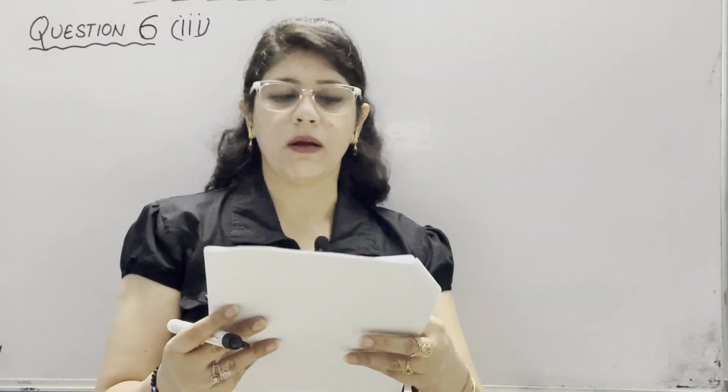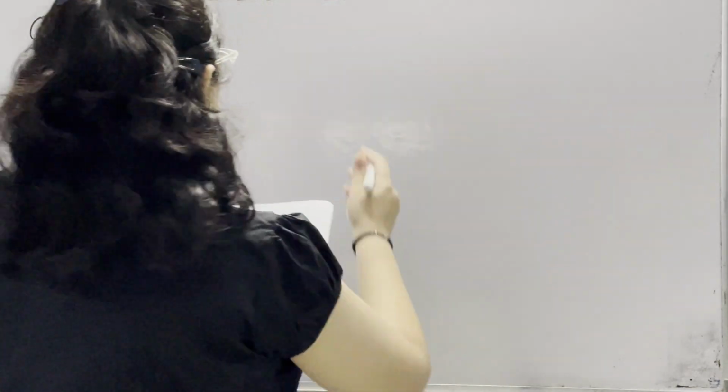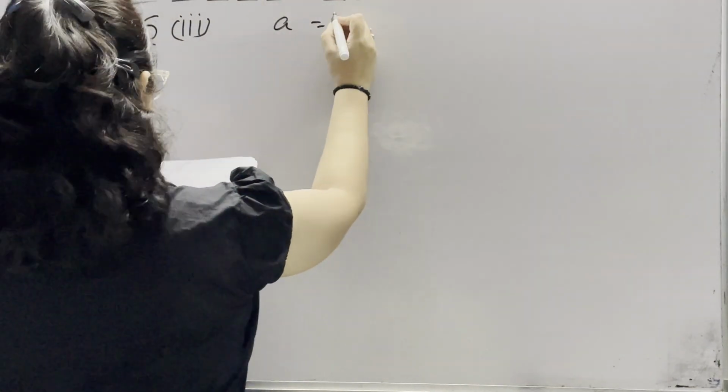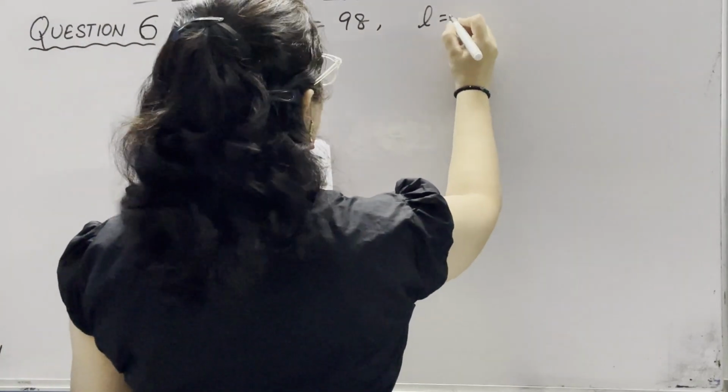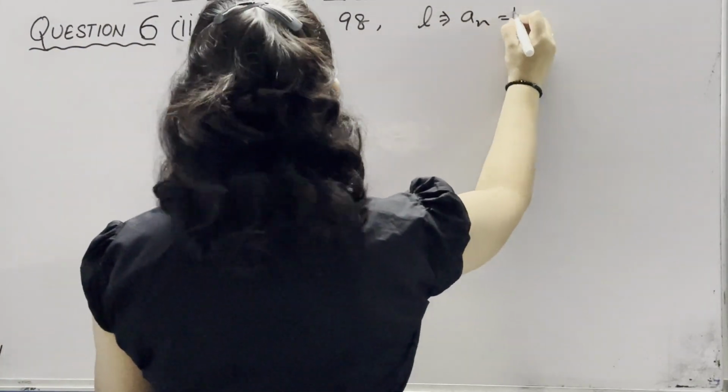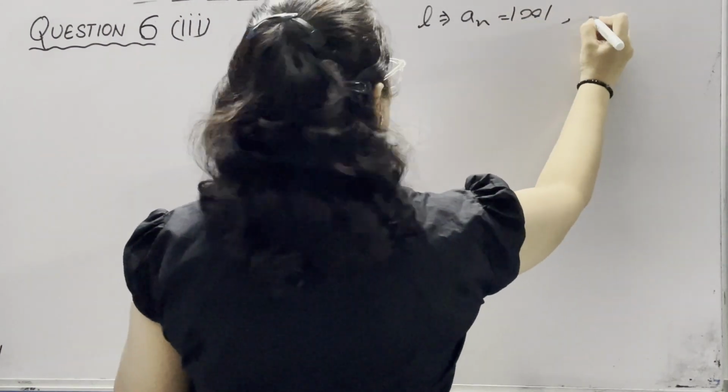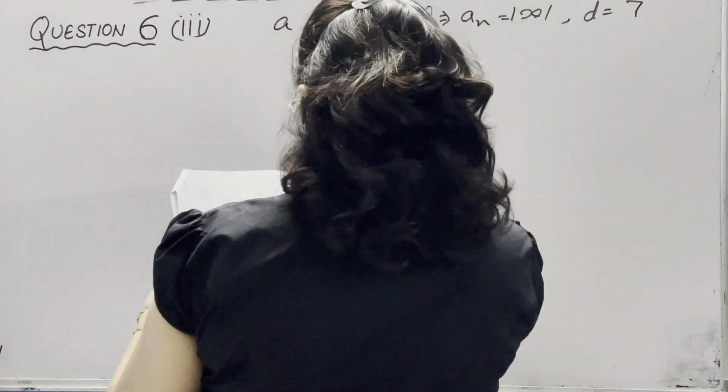In part number 3, the first term, the last term and the common difference of an AP are 98, 1001 and 7 respectively. Find the following: the number of terms n and then the sum of n terms. So the given things are a is equal to 98, l, the last term, or you can also write a_n, is 1001, and the common difference d is equal to 7.